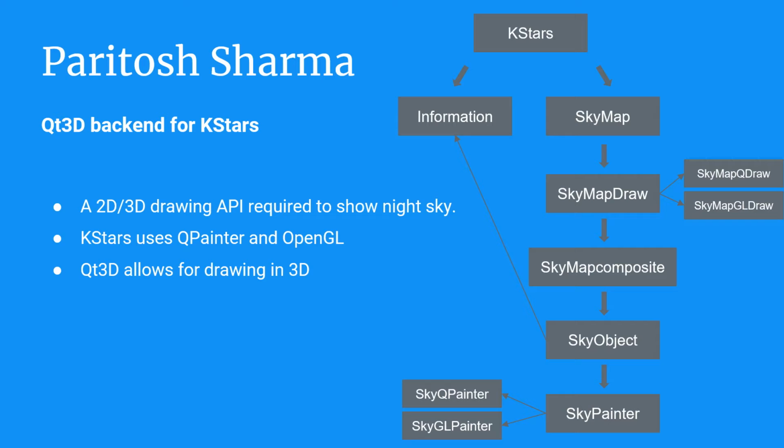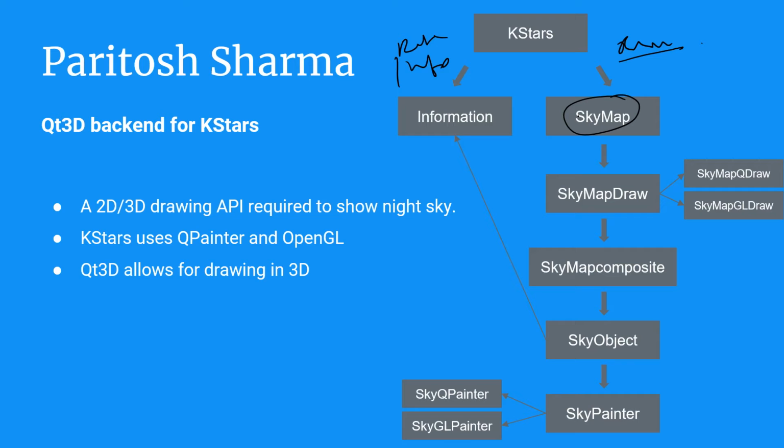So this is a brief overview of how KStars actually draws the sky objects. As I said, there's an information bit or a data bit and a draw bit. We have the information in KStars and we have a class known as SkyMap, which is actually the widget on which everything is drawn.